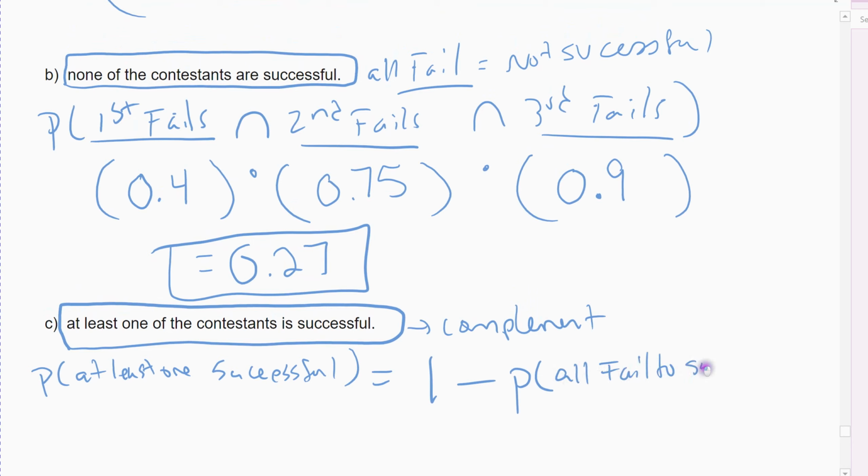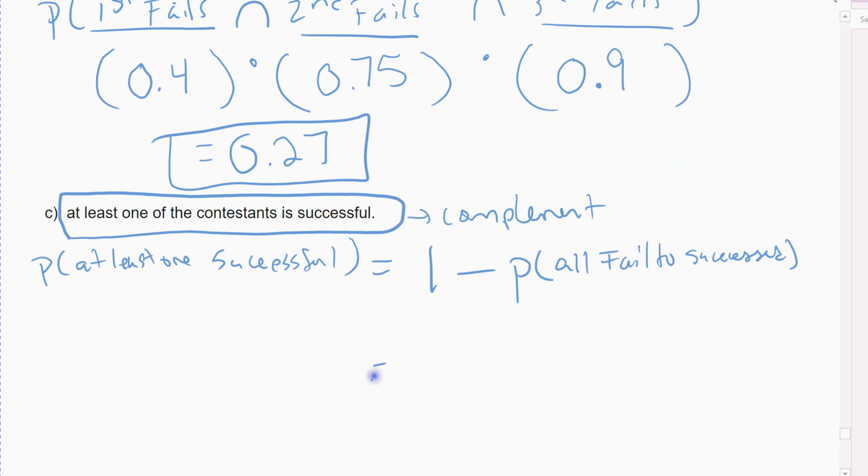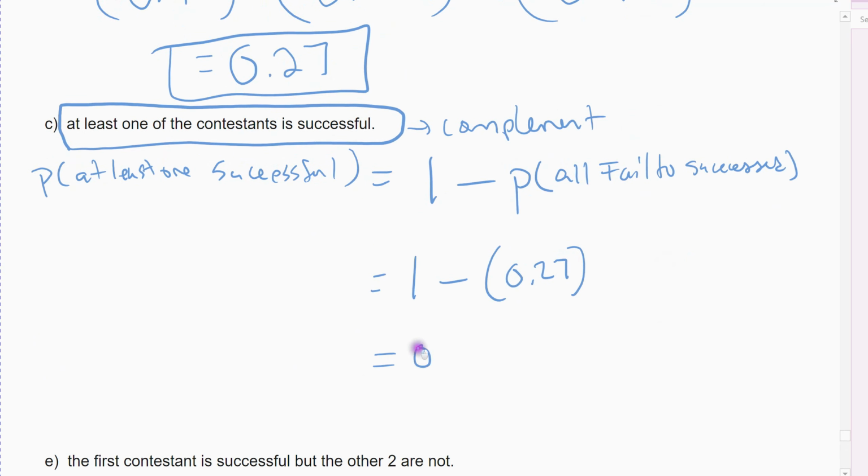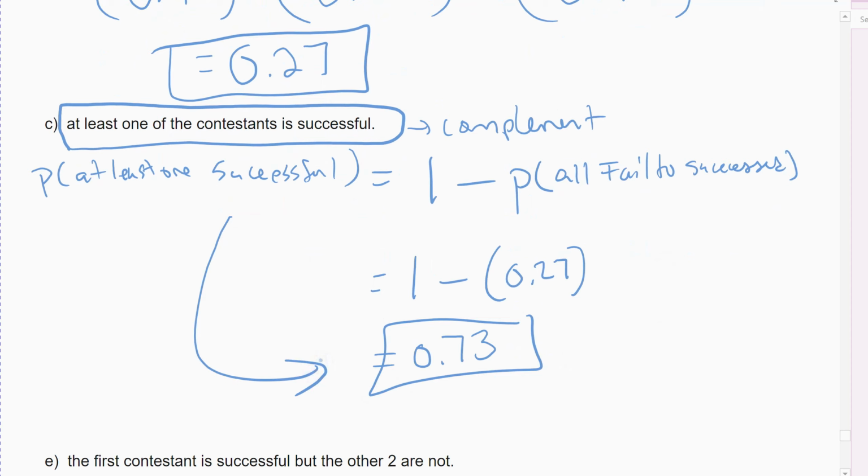They all miss it, which is this event. None of the contestants are successful. That's the case we want to throw away. And so we take 1 minus the probability that they all fail, which was our 0.27. So 1 minus 0.27 comes out 0.73.